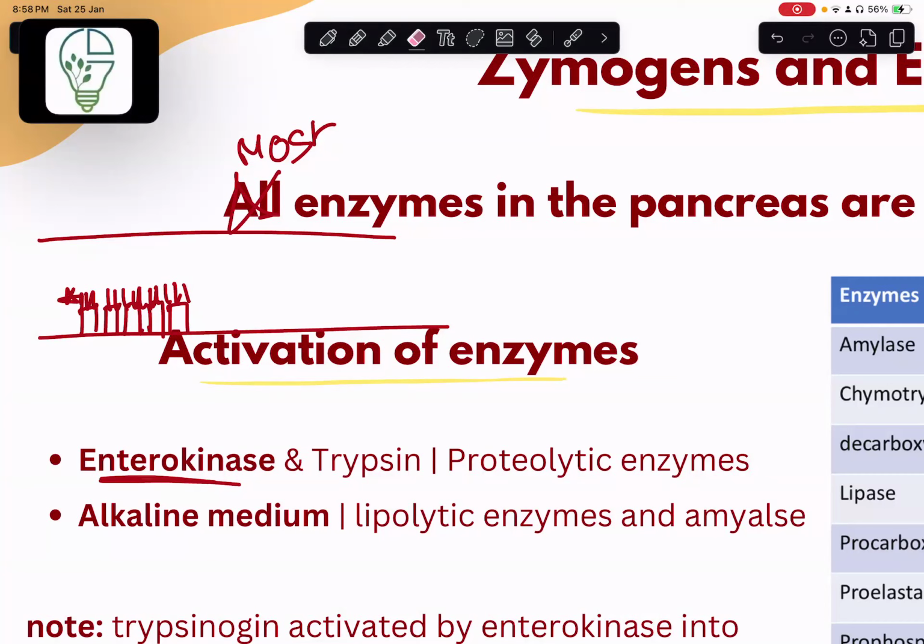The secondary way is through trypsin. Enterokinase activates trypsin. We have trypsinogen, the inactive form of trypsin. It gets activated into trypsin by enterokinase. After trypsinogen is activated, the active form called trypsin will go and activate all the other proteolytic enzymes.